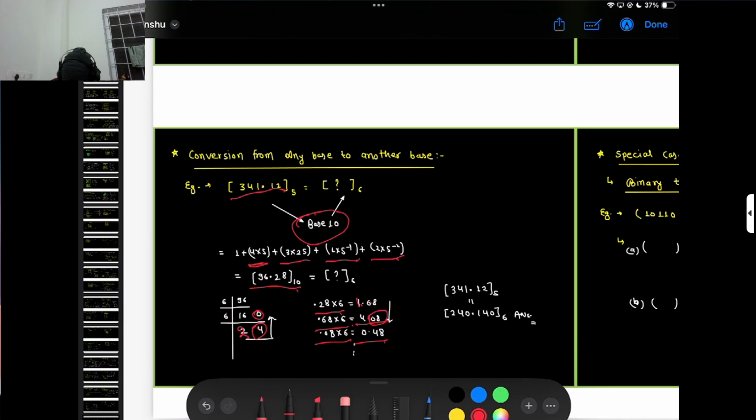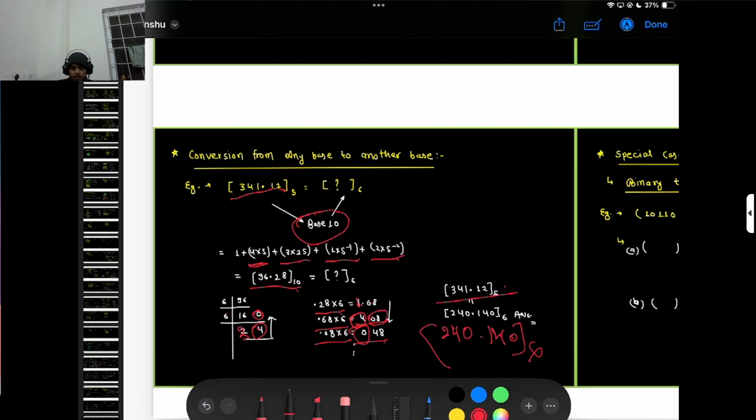So something like that. My answer is equal to 240.1, 1 point, this 4 I will take, and this 0 I will take, so almost base 16.